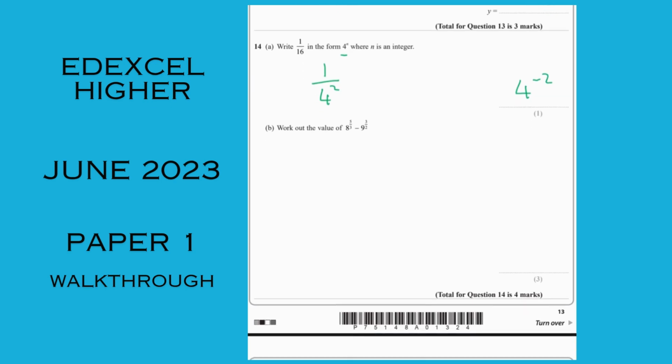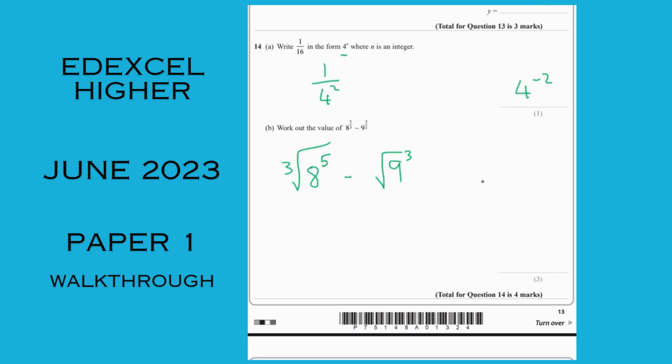Next, we've got fractional powers. Now, I always like to say 5/3 is your power. Top number makes it bigger. Bottom number makes it smaller. Same here. Top number makes it bigger. Bottom number makes it smaller. Don't bother with a square.